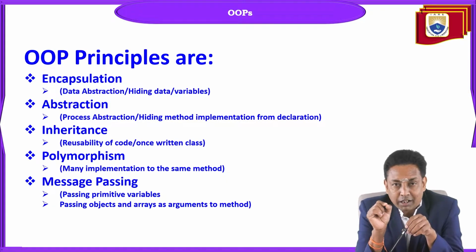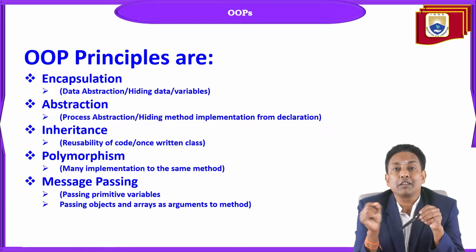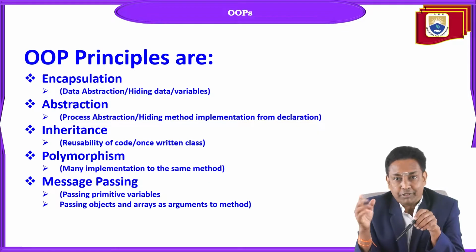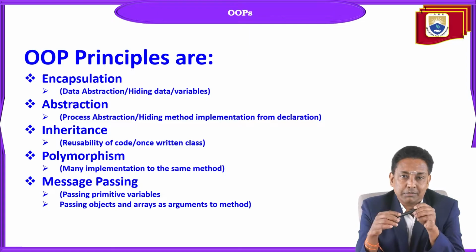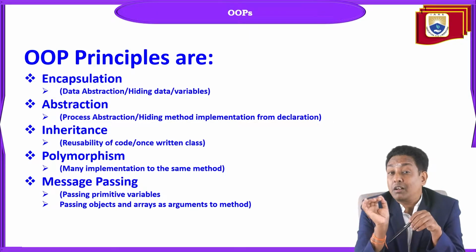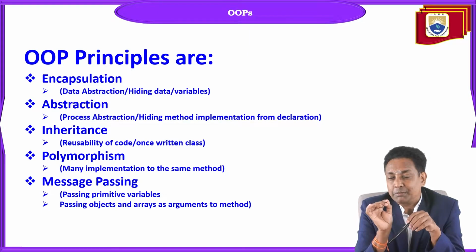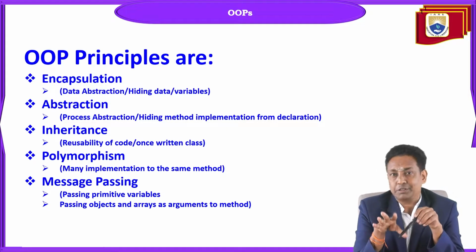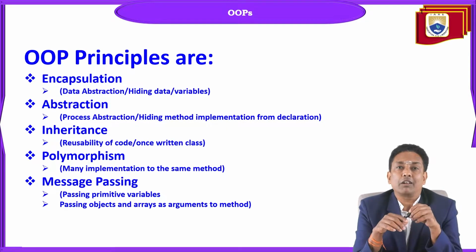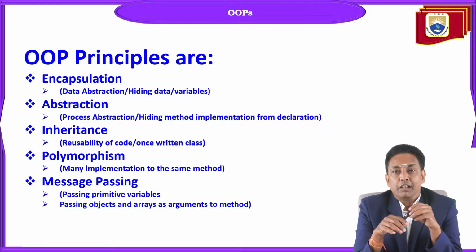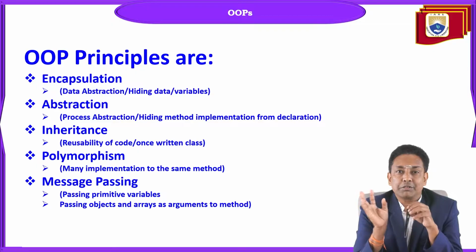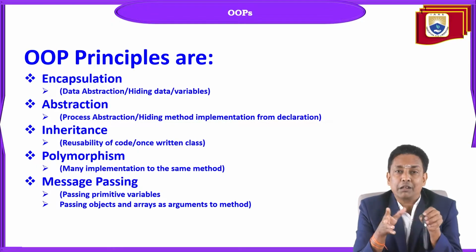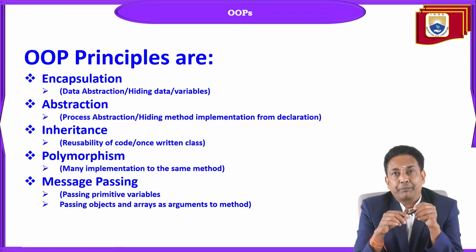Whatever variables you declared inside a class, the non-static variables mostly, forget about static variables and constant variables. I'm talking about non-static variables, also called instance variables, normal variables, plain variables, which we declare in a class. So encapsulation says you always hide your instance variables. You always hide your data. Data means variables.